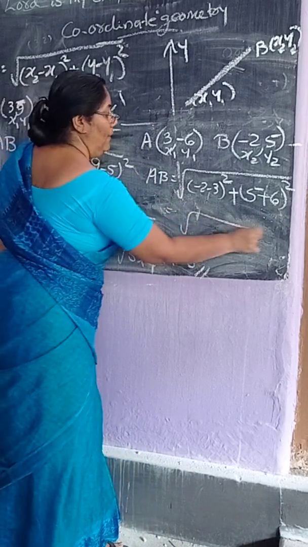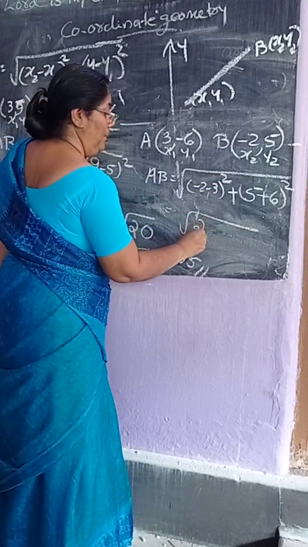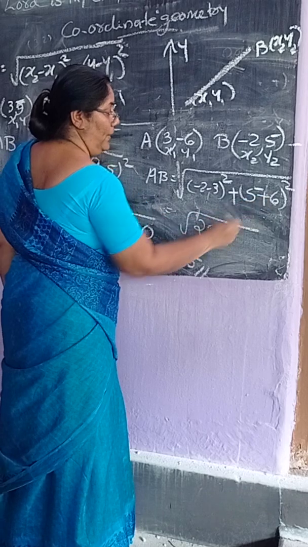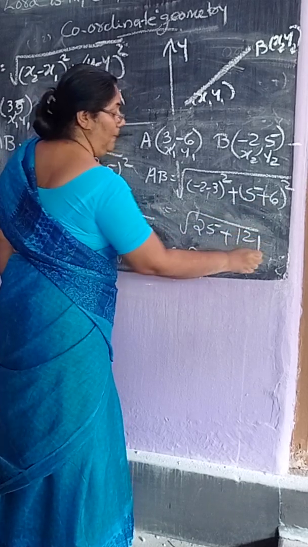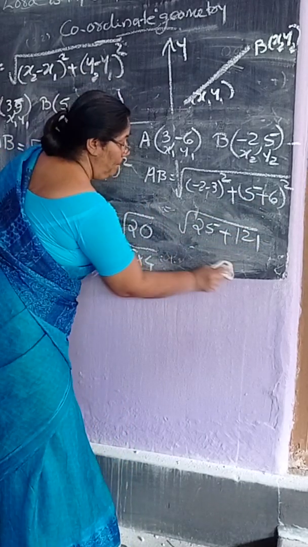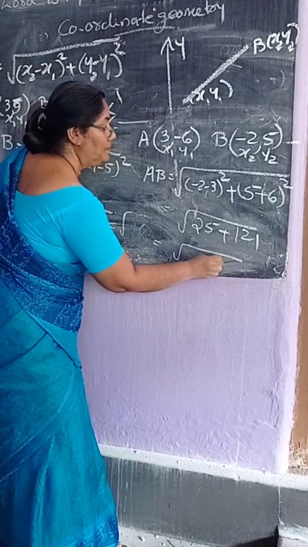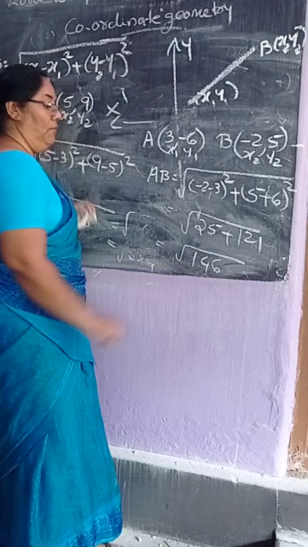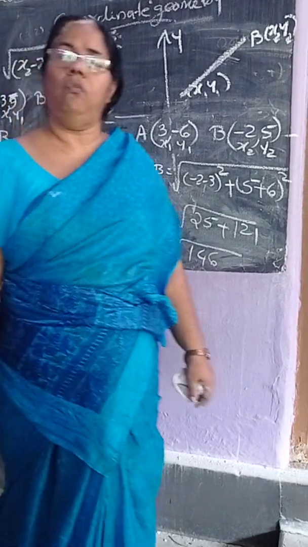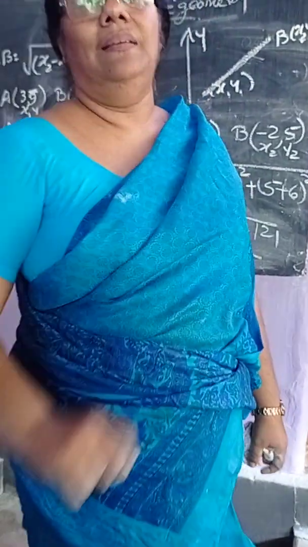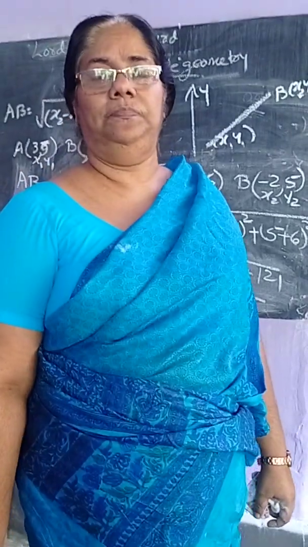What is minus 5 the whole square? 25 plus 11 square is 121. Write the answer. Root of 146.